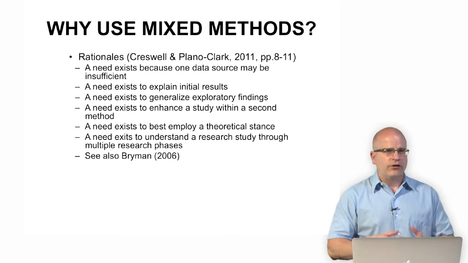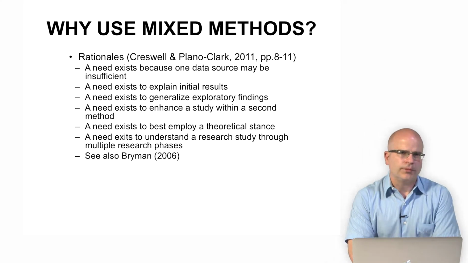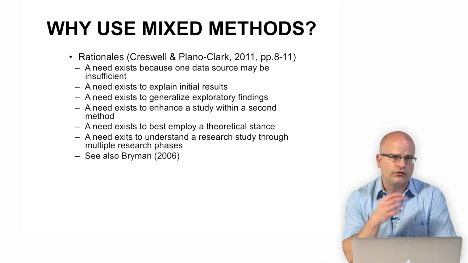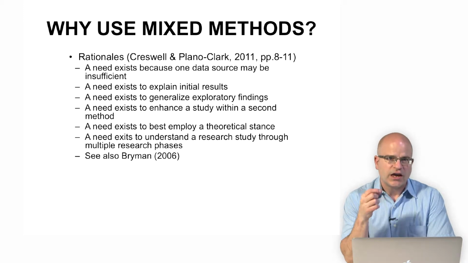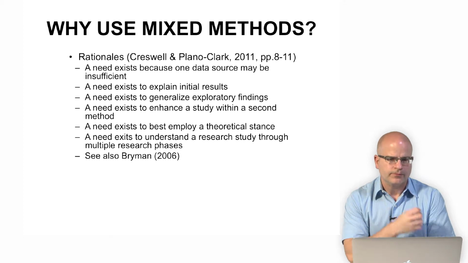There are many other justifications we can use to identify why one type of method or methodology isn't sufficient. If that's the case, then the rationale for mixed methods is made clear.